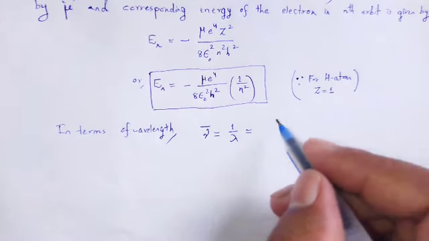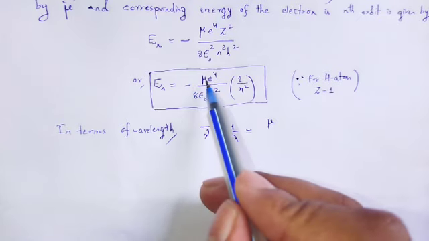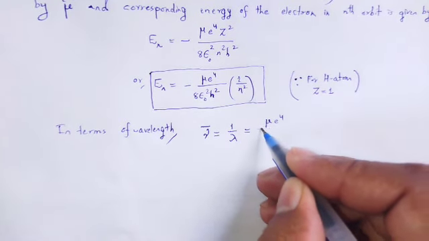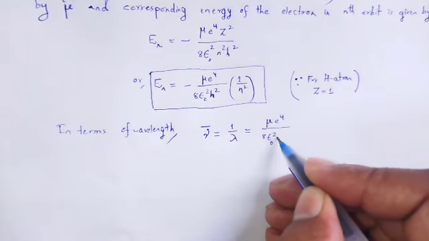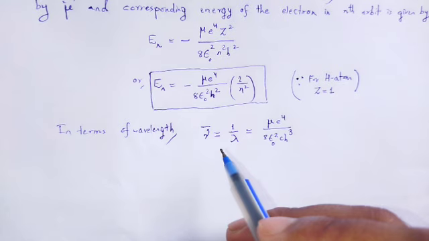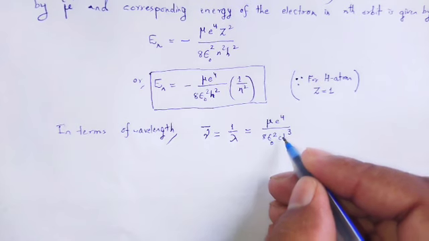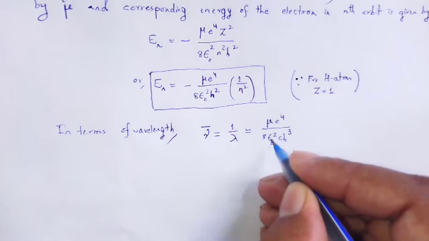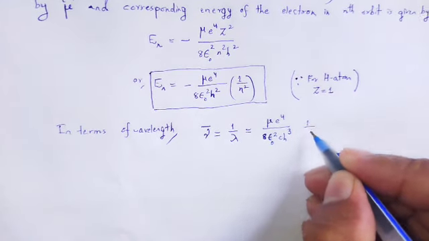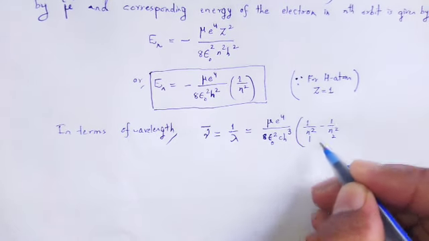Therefore that energy expression also changes to, in place of m we substitute mu e to the power 4th over 8 epsilon naught square c h cube, as nu is equal to c by lambda. Therefore nu bar, here again c is divided, in the denominator there will be the term c, 8 epsilon naught square c h cube into 1 divided by n1 square minus 1 by n2 square.